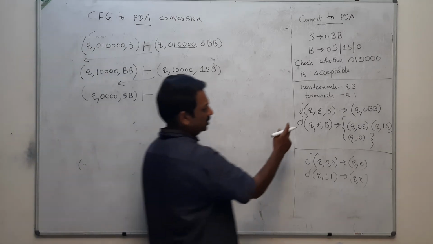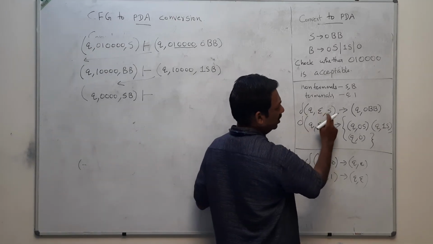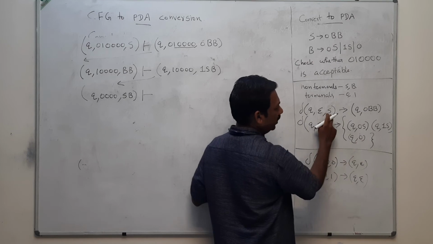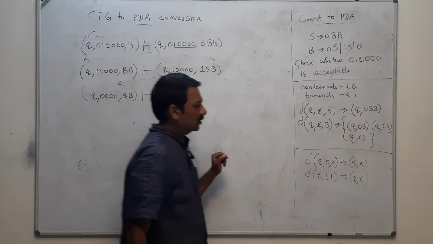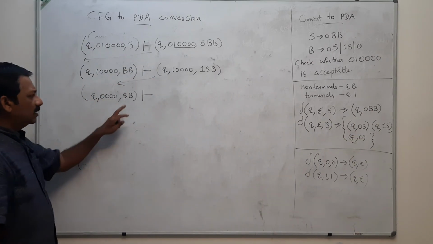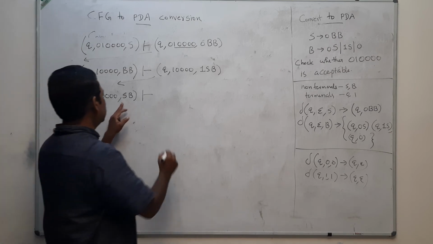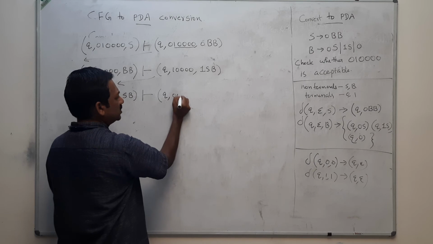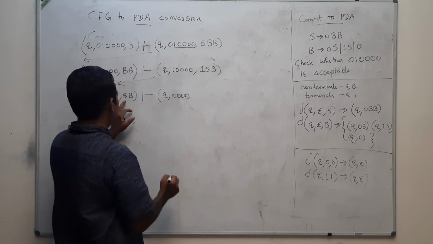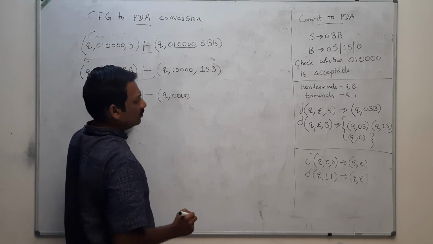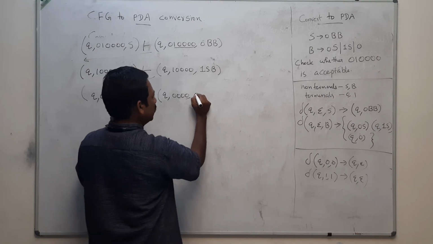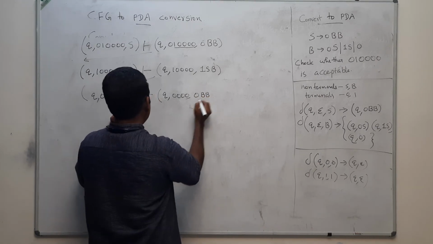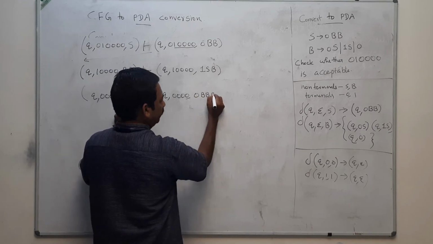After popping S, we are pushing 0 B B. The input remains the same, 0 0, and you have popped S and pushed 0 B B. That means 0 B B. After that again you have a B.